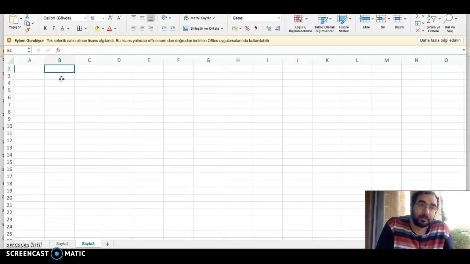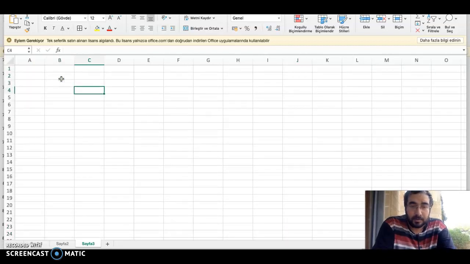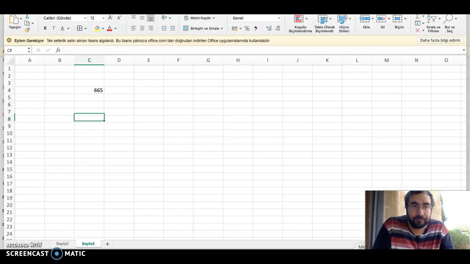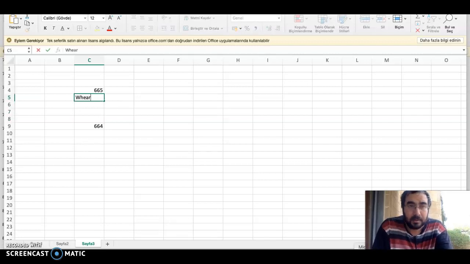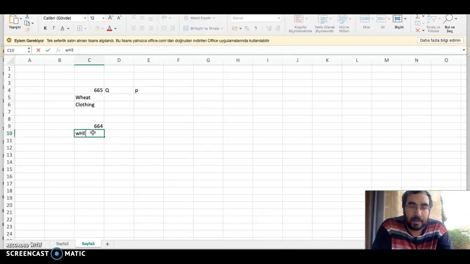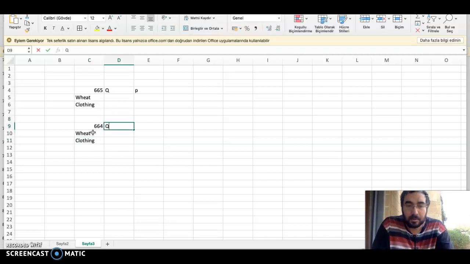So 665 and 664. We will do everything for these years. Wheat and clothing, quantity and price. Similarly, wheat, clothing, Q and price.